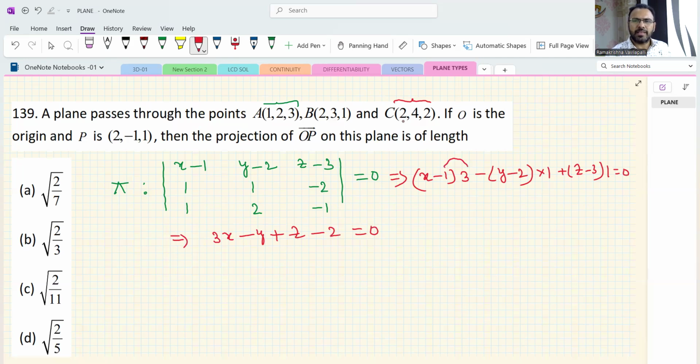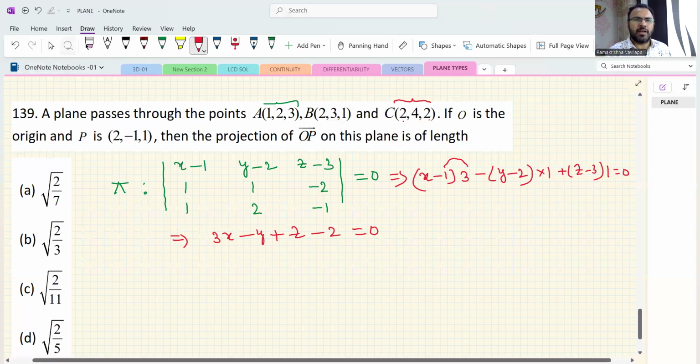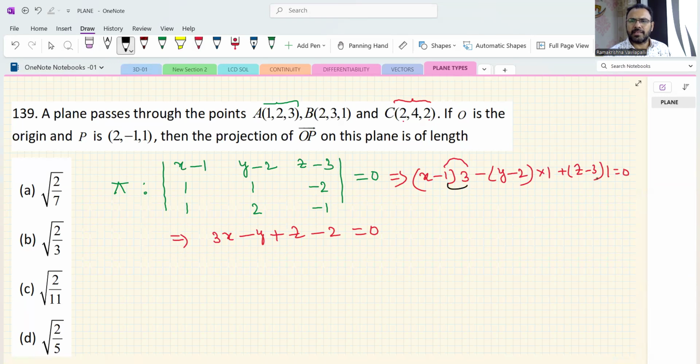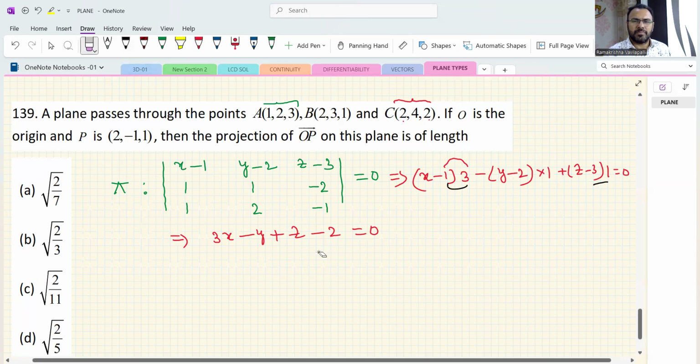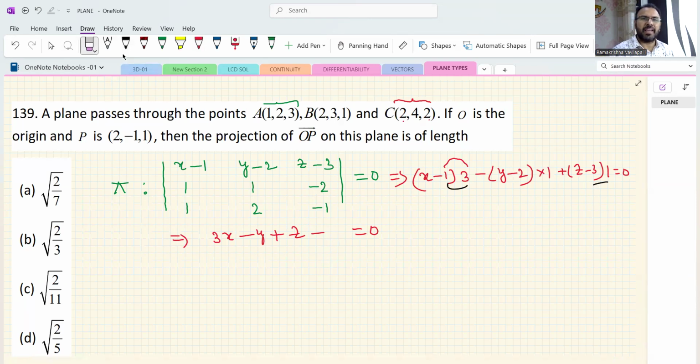Once again, this is 6, okay, plus 2, something gone wrong. I'll verify it once. I got it. This is minus 3, this is minus 3, minus 6, and this is plus 2. So this is the way we have to verify it. So this is a minus 4. Now the plane is what we got.